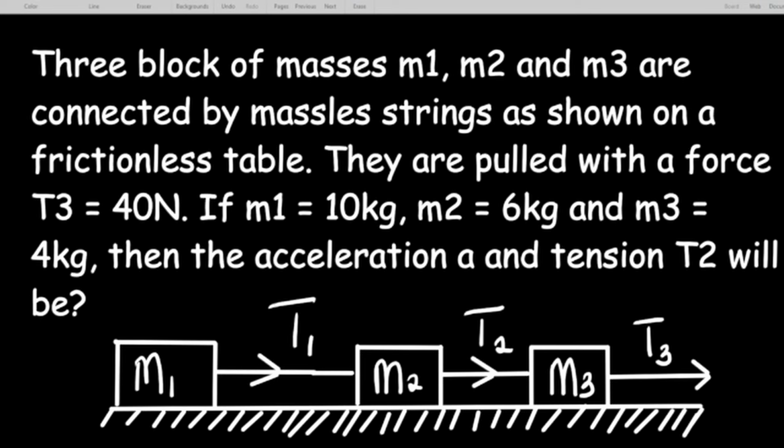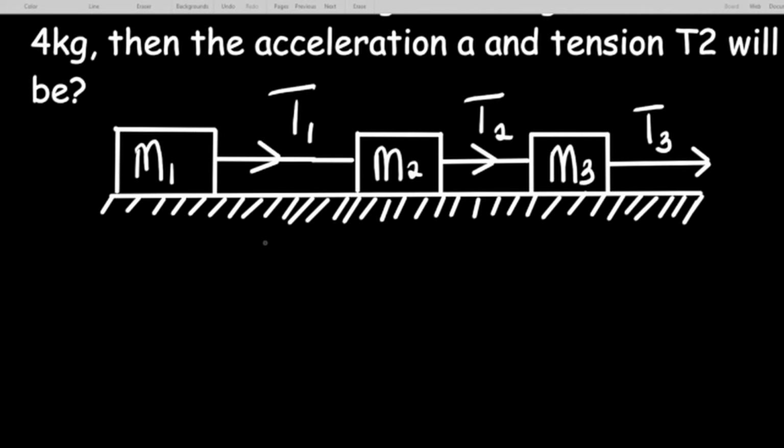So we are asked to find T2, and tension is a force. So that means that the second law of motion is going to apply in this case. Let me show you how to find the second tension, or T2, when given three masses. So we say solution. We have to analyze them independently. Okay?